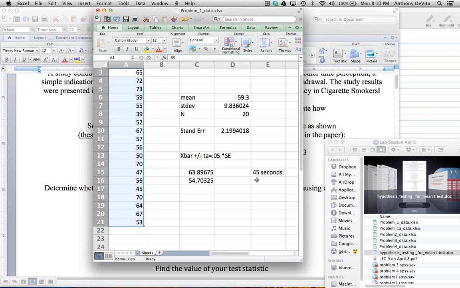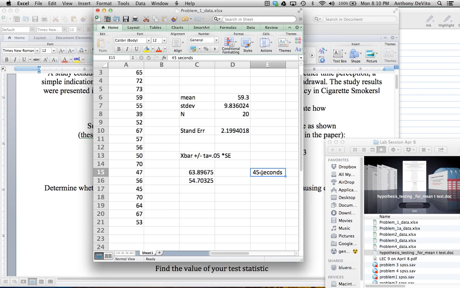I'm comparing it to a value, so I only have one standard deviation and one standard error involved in this whole thing. So if I want to compare how many standard deviations apart these two numbers are, for the moment I'm going to call this Z. Z is equal to, now stay calm, everybody.